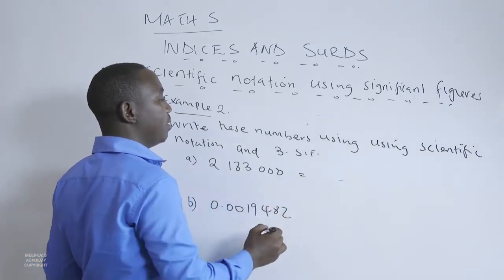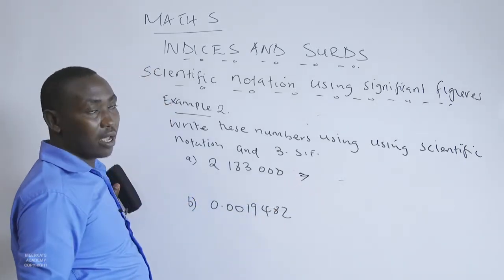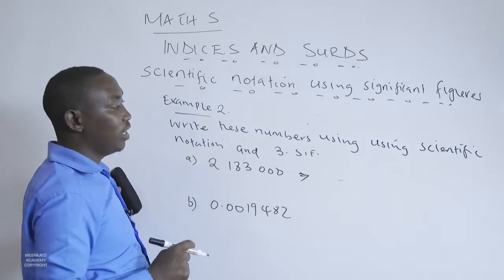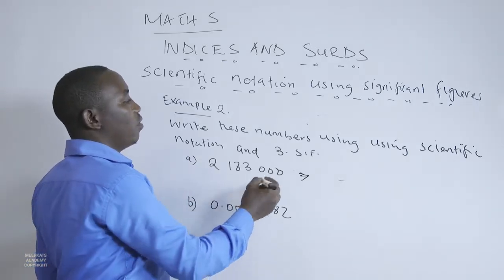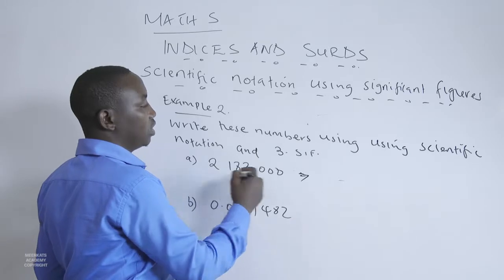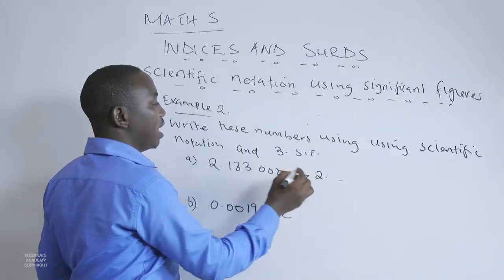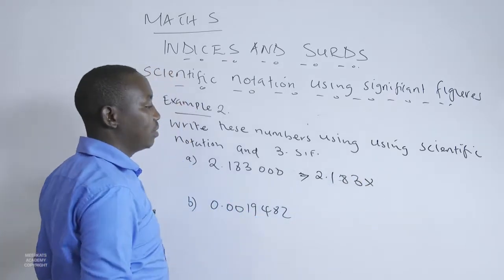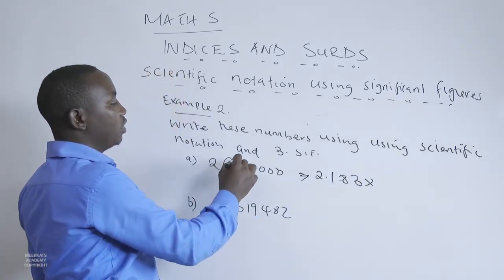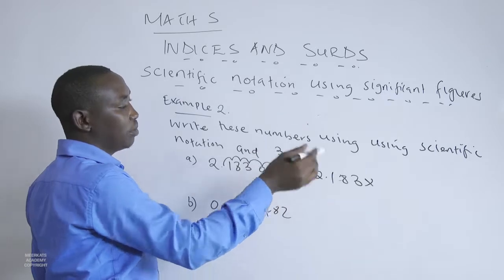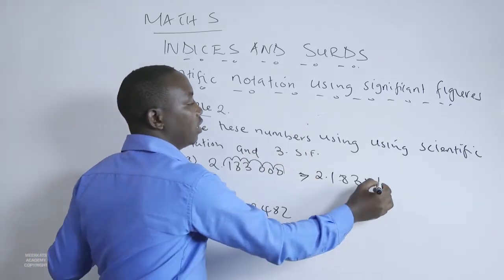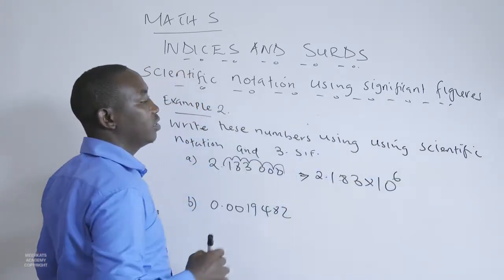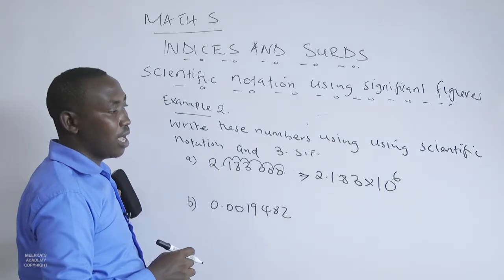So for the first one, written in scientific notation, we count the first non-zero, which is 2, and you place the point there. So this will be 2.183 times, we'll move 1, 2, 3, 4, 5, 6 steps to the right hand side. So this will be 10 raised to positive 6.